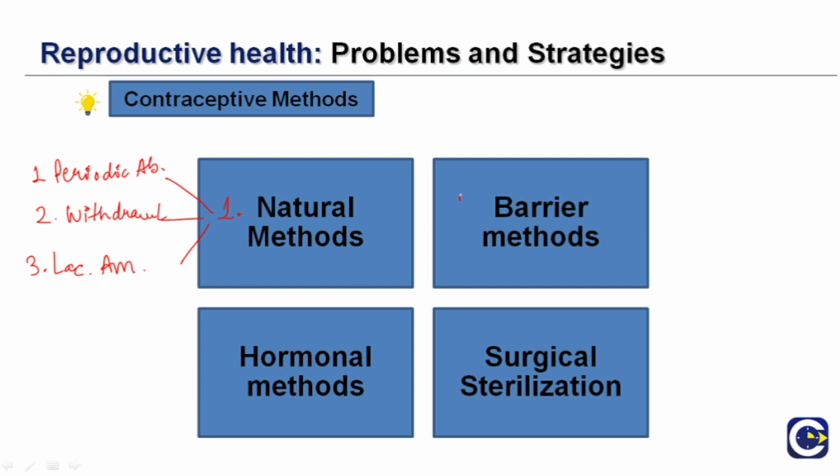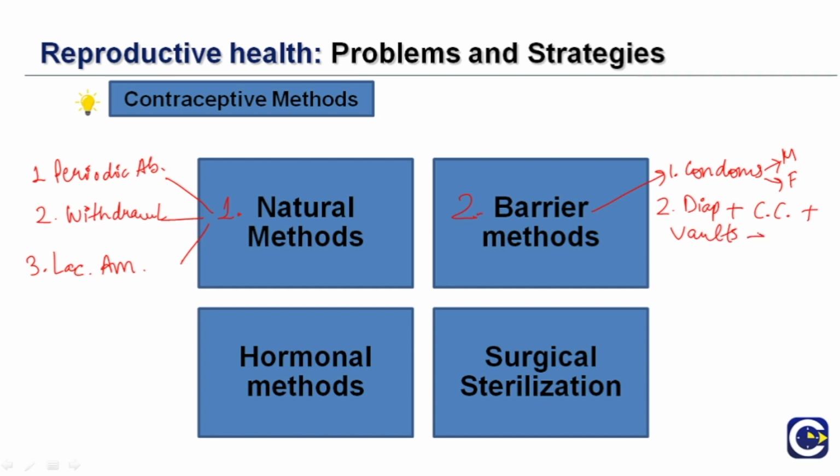The second method that we saw was the barrier method. And under the barrier method, the first one that we saw was condoms, that is available for both male as well as for females. The second one was diaphragm. Along with diaphragm, we also saw cervical caps and we saw vaults.